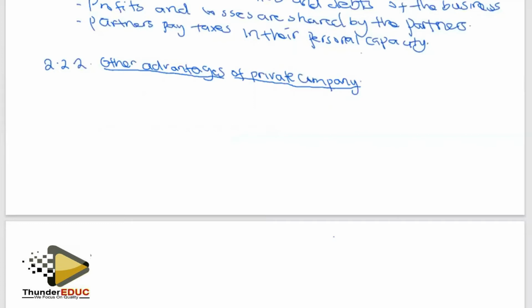Unlike public companies, private companies are set up by individuals who come together to start up a business. And if they are supposed to raise capital, capital is raised by members, by shareholders within the private company.